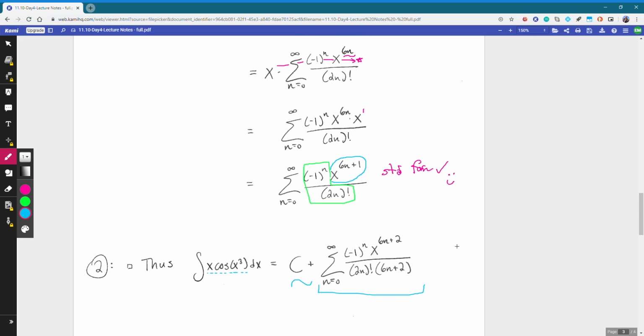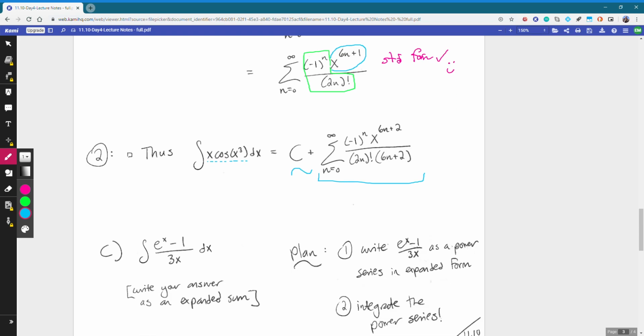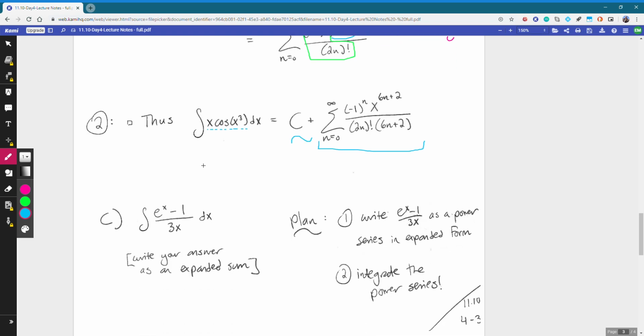Okay, let's see what function we're dealing with here. So here we have e to the x minus 1 over 3x as our function we're wanting to integrate. Here we're wanting to write our answer as an expanded sum.